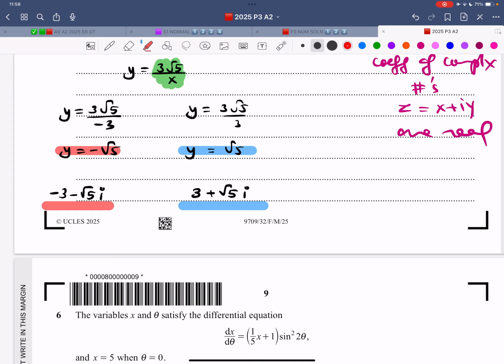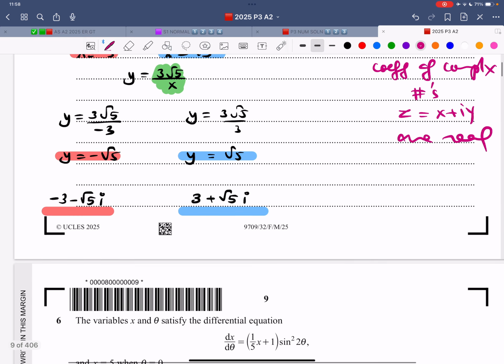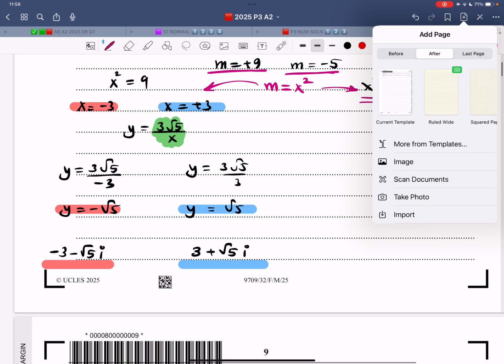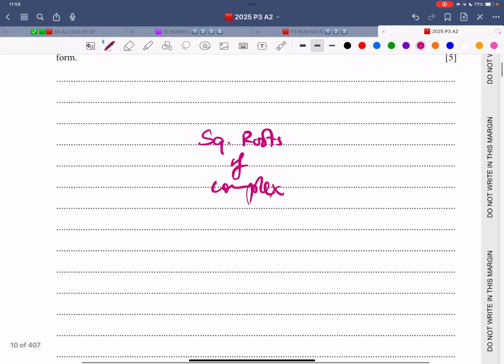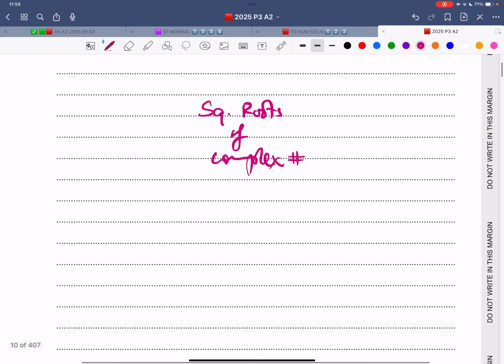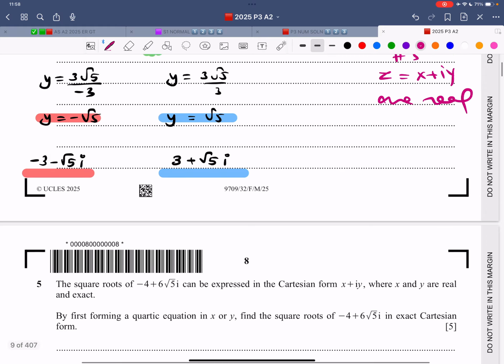They haven't asked it so far, but here there is a special thing also. That is the square roots of a complex number. They are also geometrically related. How are they related? If one answer is a, b, the other answer is minus a, minus b. Double check.